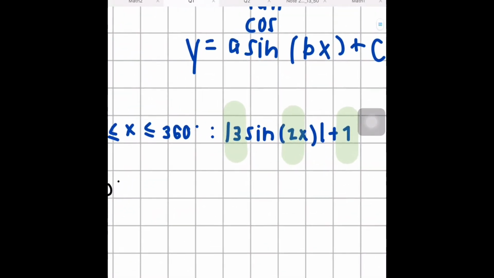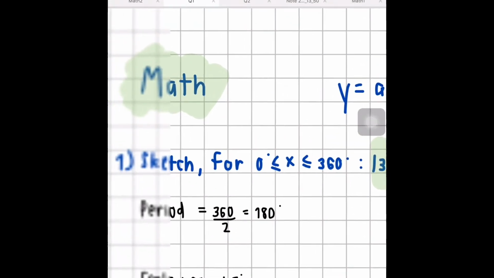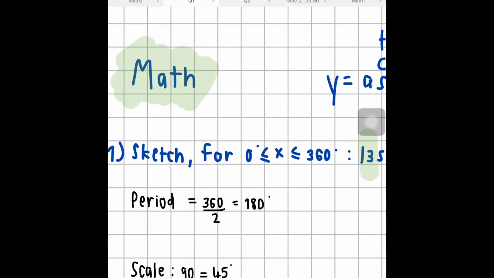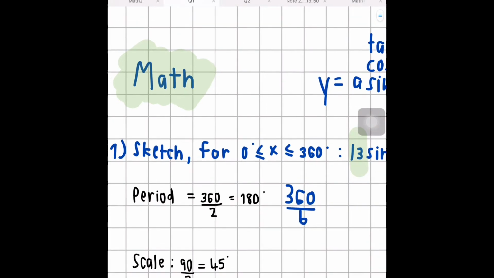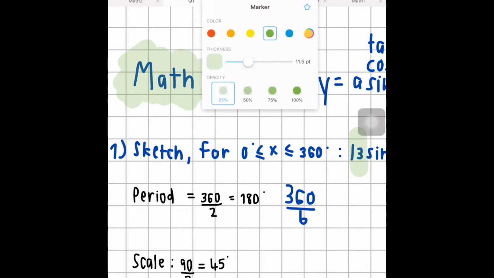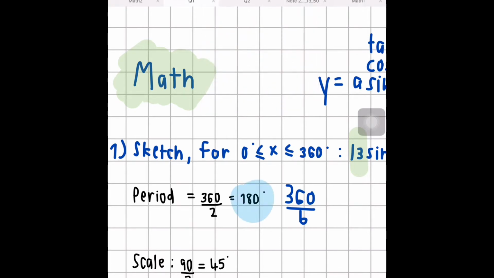After we classify, we have to find the period. To find the period of sine, the formula is 360 over b. In this case, b is equal to 2, so we divide 360 by 2, so it equals 180.